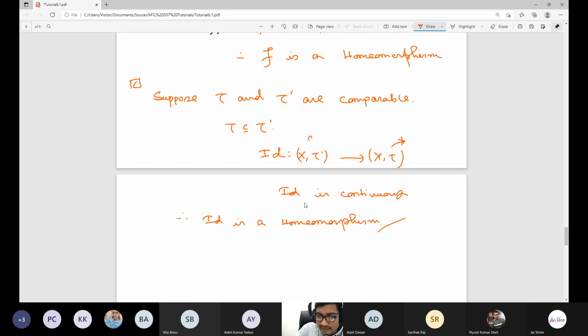So take an open set here, its image will be the set itself, so it is open here. And if you take an open set here, its inverse image will be open here. We're done.